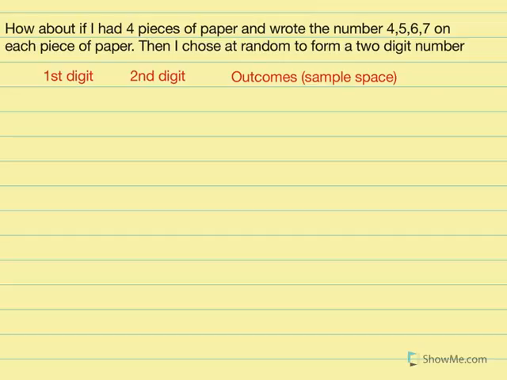Okay, my first digit would be a 4, a 5, a 6 or a 7. They are my options for my first digit. What would be my second digit option? Well, if I've already picked up the 4, I can't pick up the 4 again, so it must be a 5, 6 or 7.